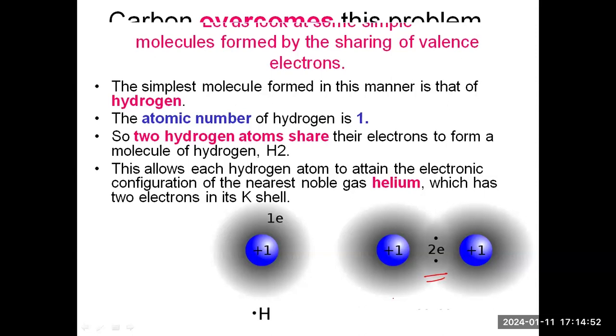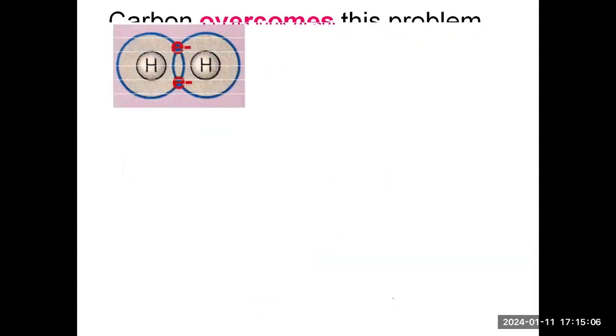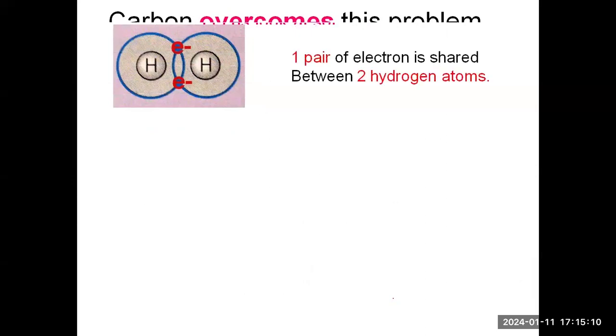The nearest noble gas to hydrogen is helium. So these are the diagrams which denote the covalent bond formation between them. Now, because one pair of electrons is shared between the 2 hydrogen atoms, we call it a single bond.